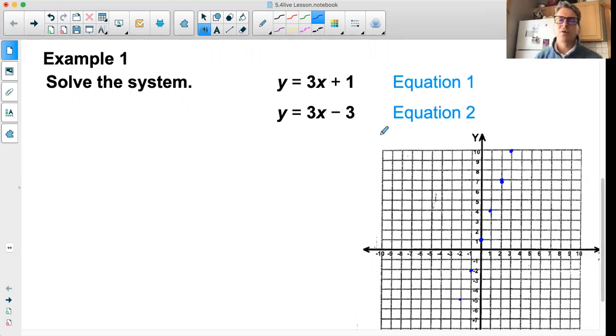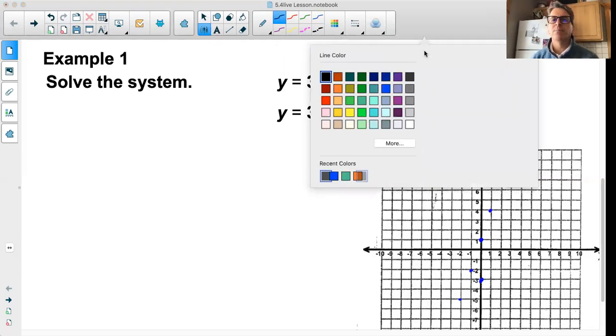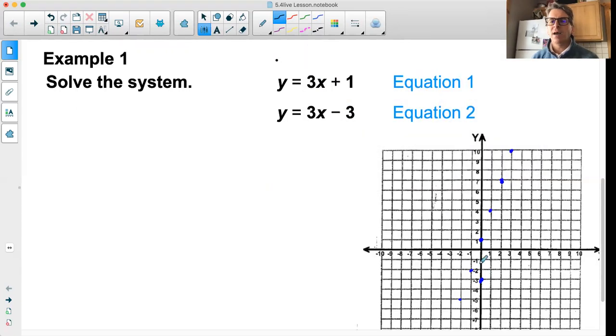Now, the second equation has a slope of 3 also, and an intercept at -3. So at -3, you're going to have a dot. Let me switch colors for this, to black. I'd have a -3 intercept, and then a slope again of 3, so I go up 3 over 1, up 3 over 1, up 3 over 1.